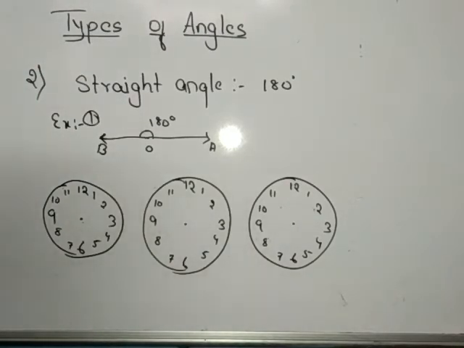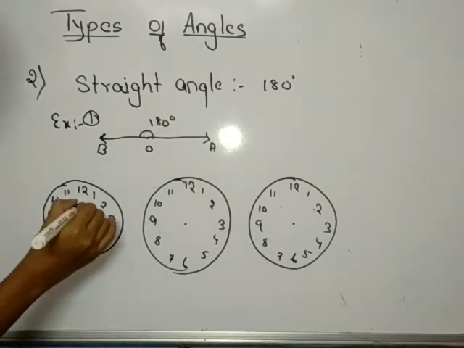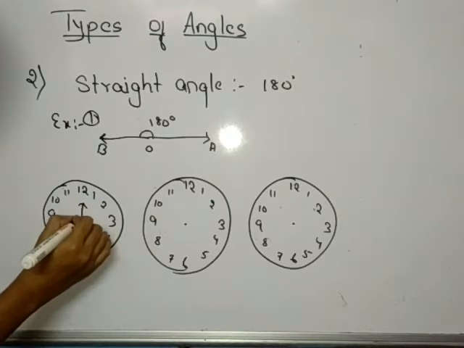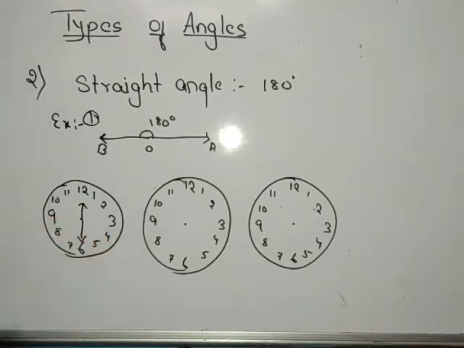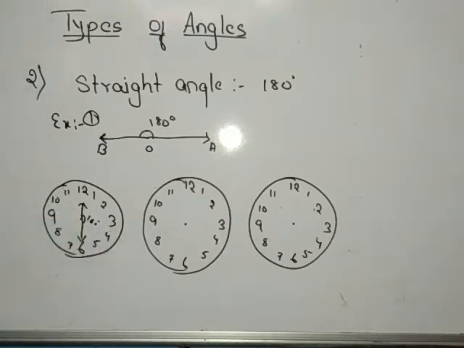We'll see some more examples. Here the small hand is facing 12 and the big hand is facing 6, so again it is 180 degrees because it is making a straight angle here.